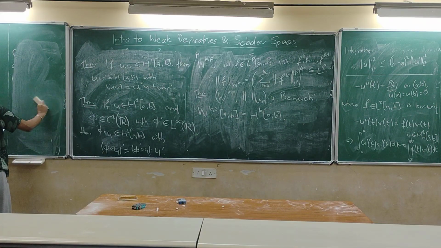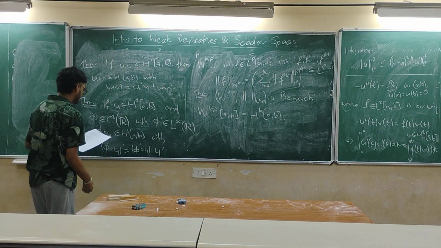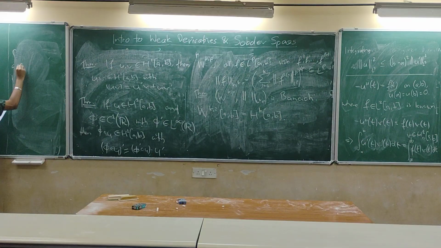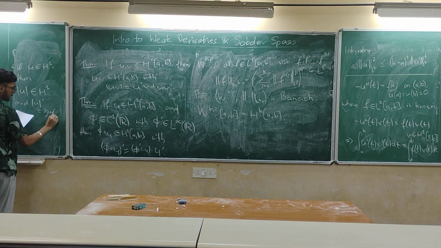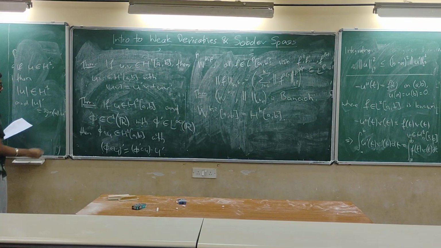This result is not really easy, and we can show that if u is in H1, then mod of u is in H1, and the derivative is given exactly as sign of u times u prime.